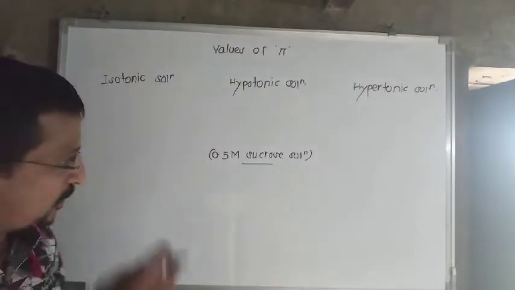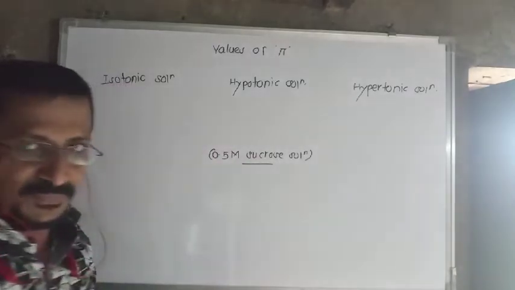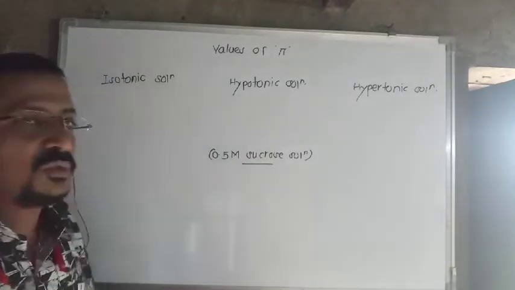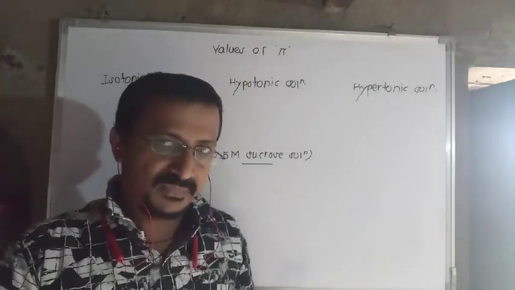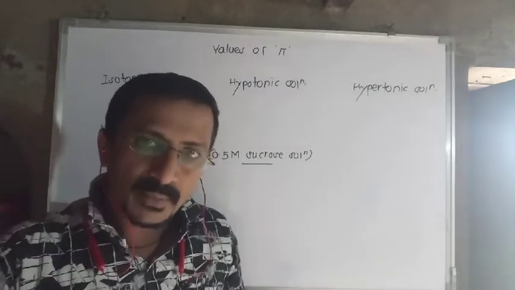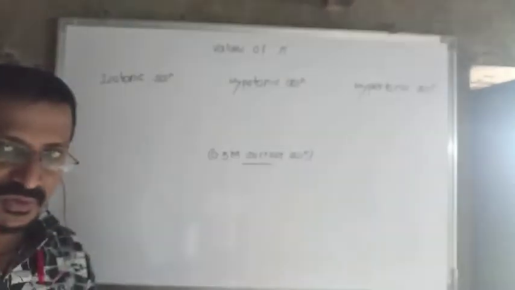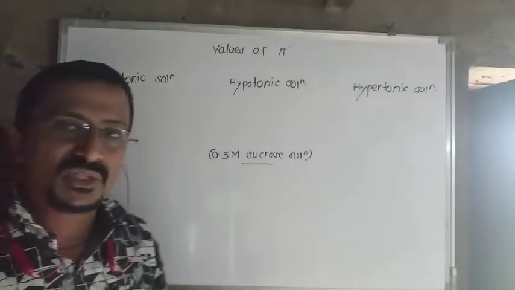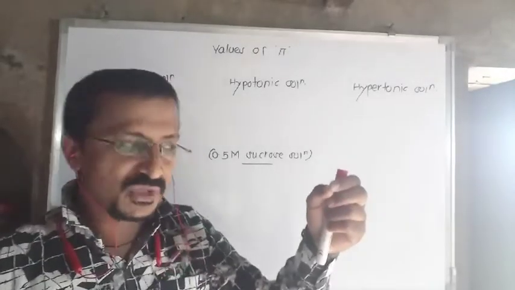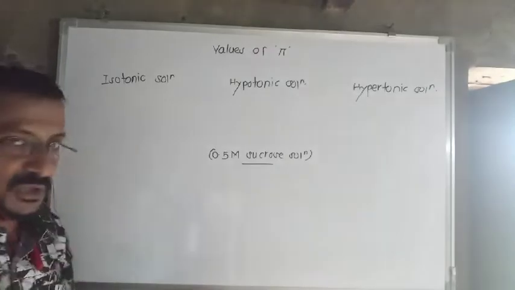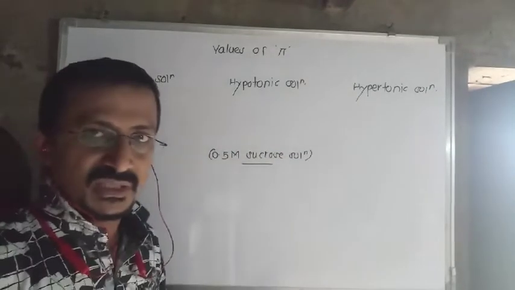Why? Because a particular solution is not classified just like that. On comparing this 0.5 molar sucrose solution to some other solution, depending upon the values of osmotic pressure, which solution has a high value, which has a low value, or both have the same value of osmotic pressure pi, this classification is carried out.